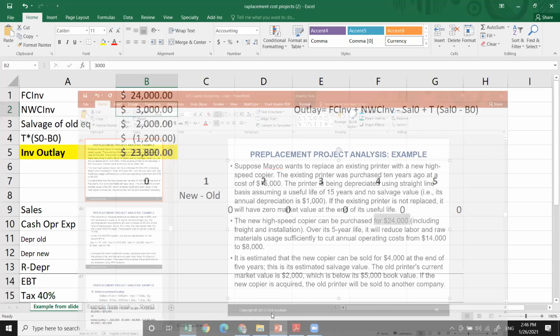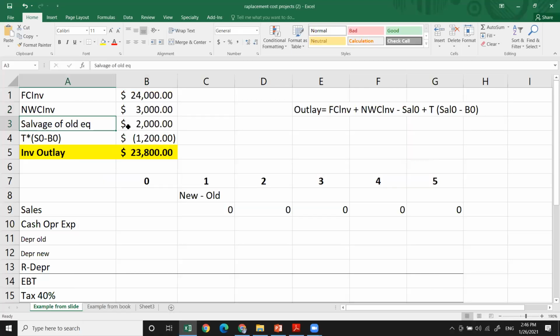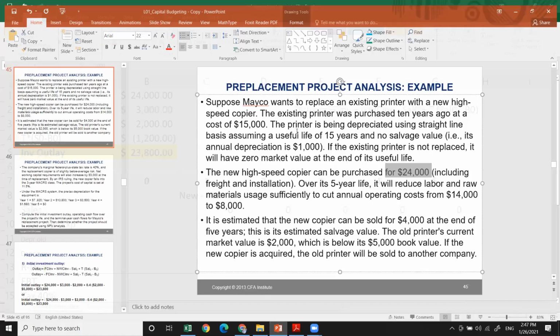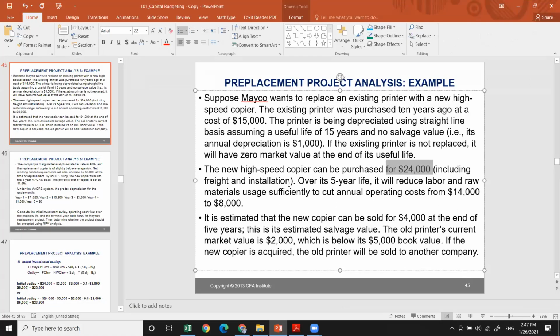And the salvage value of the old equipment, for how much we'll be able to sell it, is 2,000. It's given in this slide as well. The old printer's current market value is what we will sell it for.